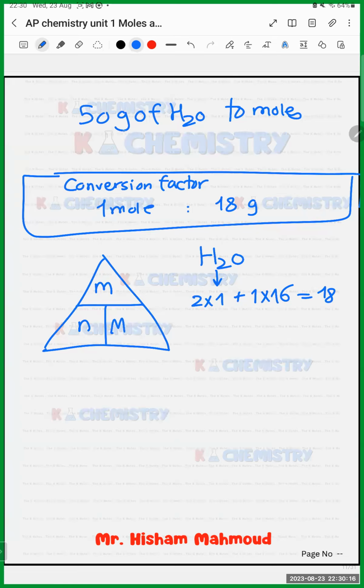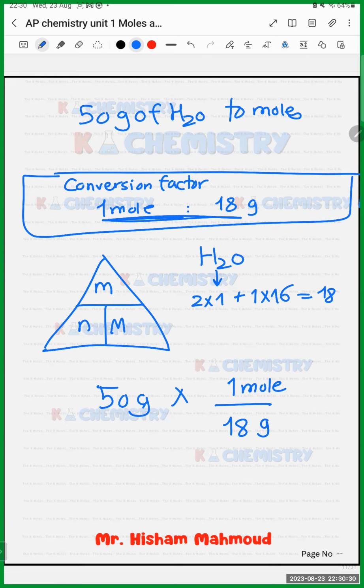So if, again, I need to convert 50 grams, I will put the conversion factor so that the grams come down. So it will be 18 grams, so that they will cancel out, as we said. And here, 1 mole of water. But then we'll cancel this with this, and then we'll divide 50 by 18 to get the number of moles.